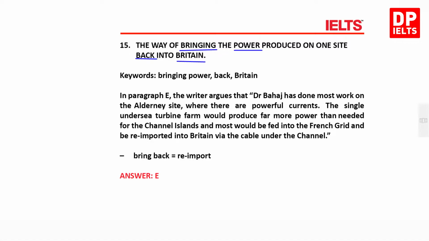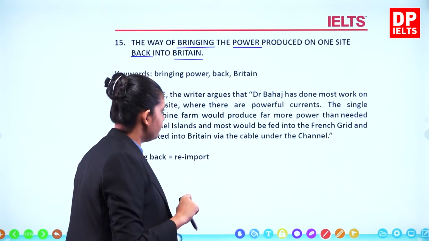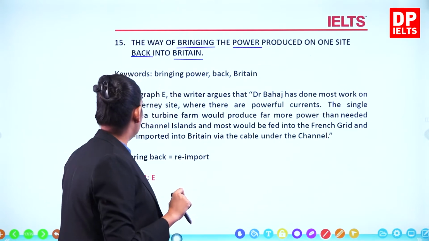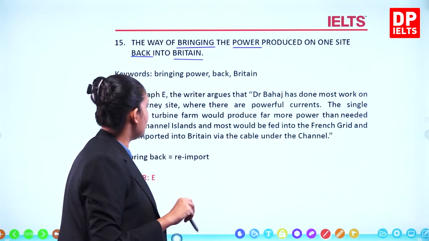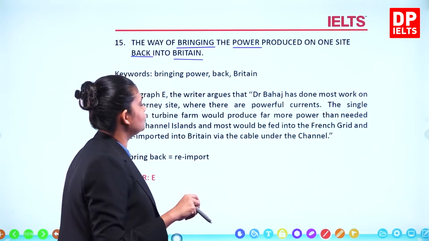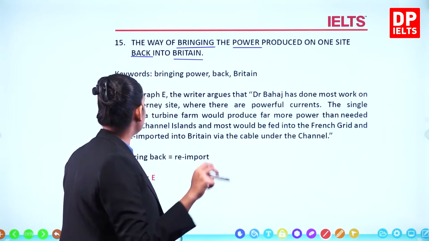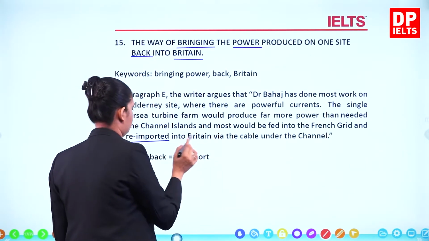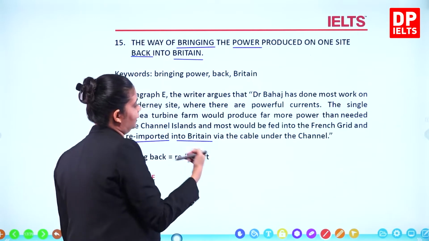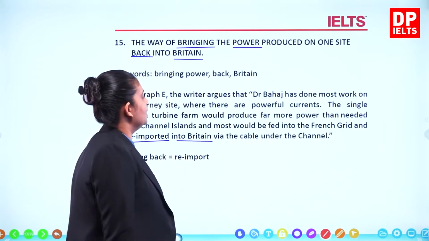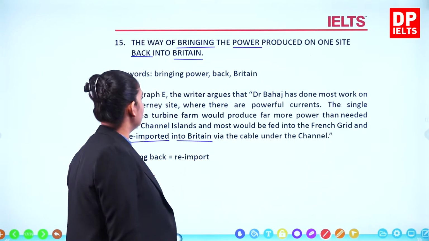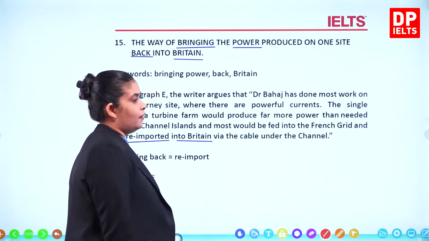The single undersea turbine farm would produce far more power than needed for the Channel Islands, and most would be fed into the French grid and be re-imported into Britain. Re-imported means brought back into Britain via cable under the channel. So where do you find that information? In para E.